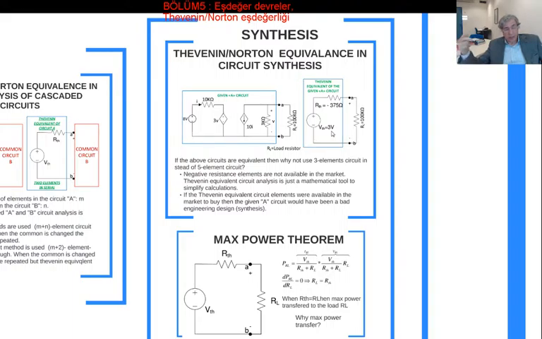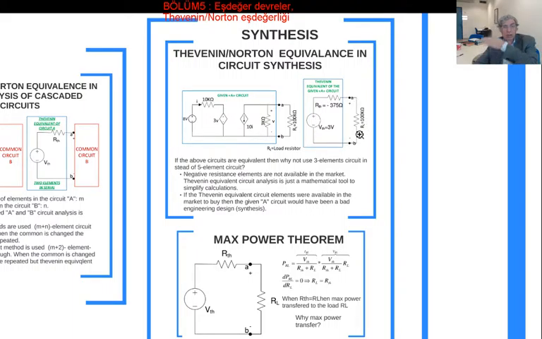On the other hand, if your calculation results in a positive real number, RTH let's say, then the whole scenario changes. Then you're going to say that there is something wrong with our design in the original circuit, because you have used 6 elements in here. I could do the same thing by using 3 elements. All these elements are available in the market.